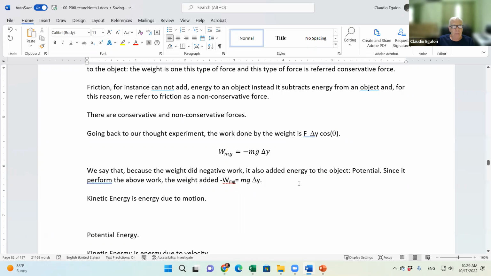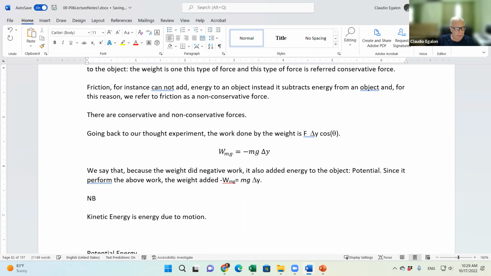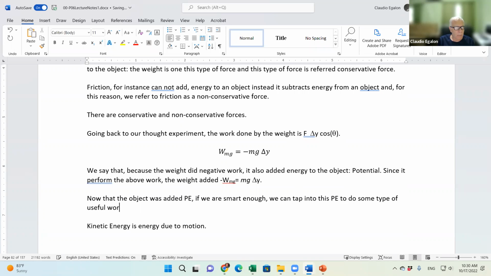Now that the object was added potential energy, if we are smart enough, we can tap into this potential energy to do some type of useful work.